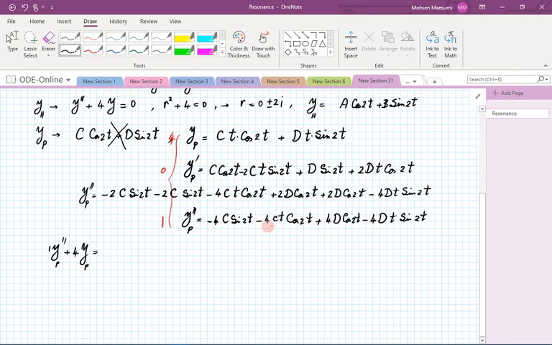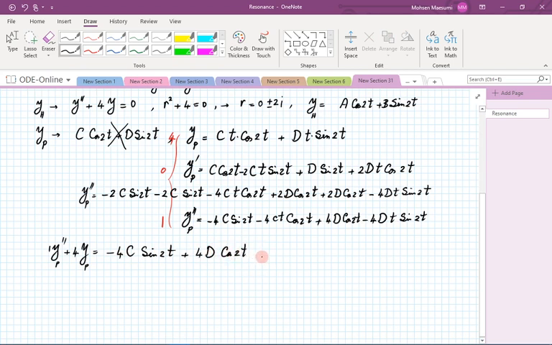So we said the c cancels that c, this d cancels that d. I'm left with minus 4c sine of 2t, and then I'll have a 4d cosine of 2t.